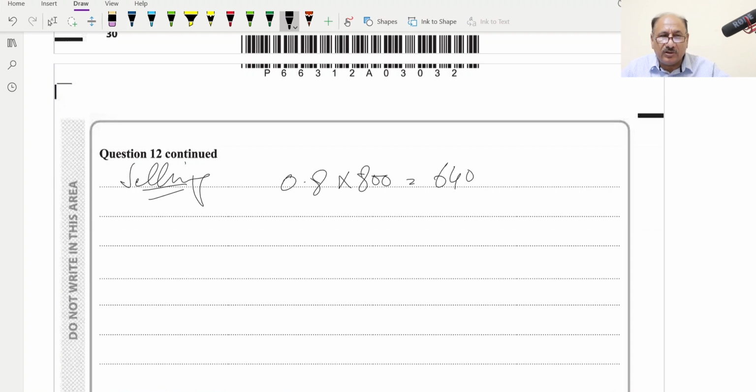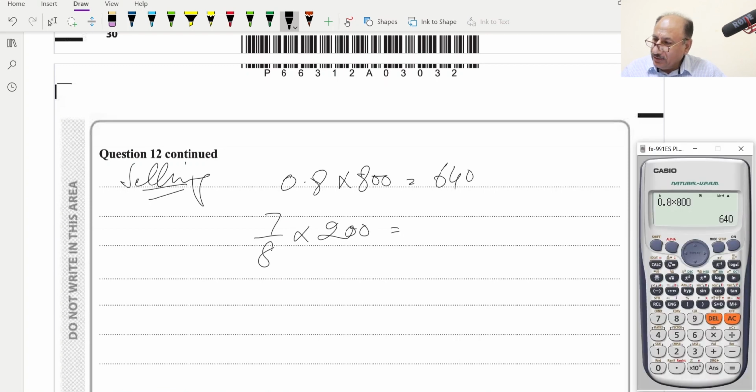So 640 small dolls are sold, and 7 by 8 of 200 large dolls are also sold. So we can calculate 7 over 8 of 200, and this is equal to 175.